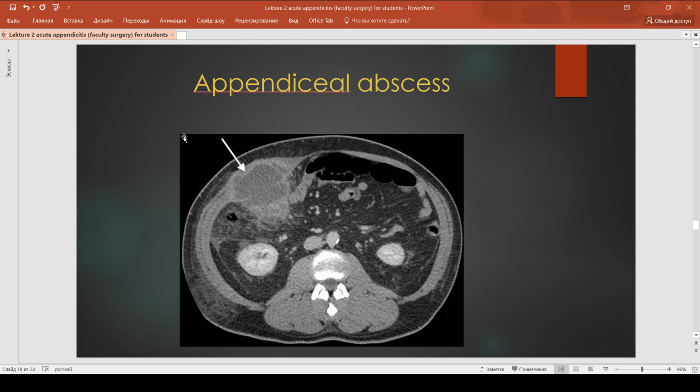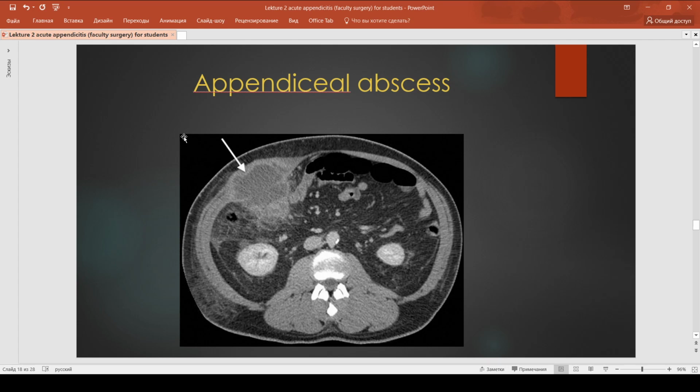If you can see on CT that the abscess is less than 4 centimeters, antibiotic therapy alone is usually sufficient. If the abscess is more than 4 centimeters, you must consider image-guided percutaneous drainage or surgical drainage.